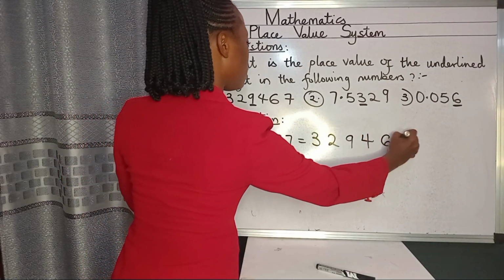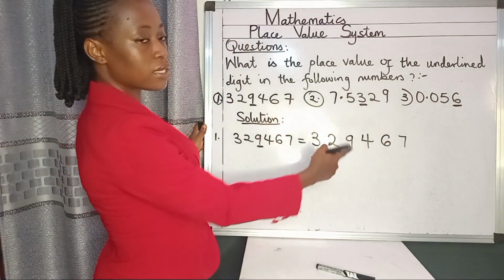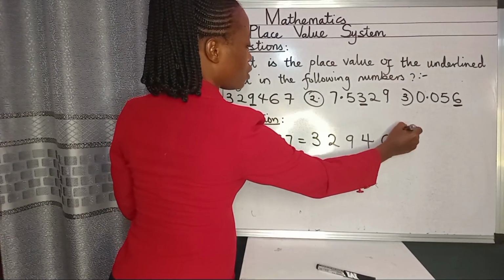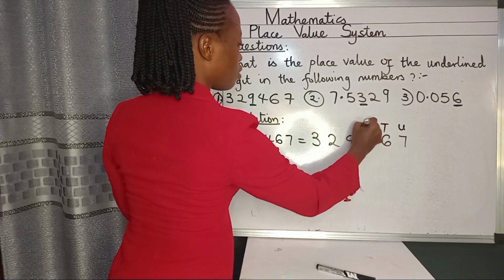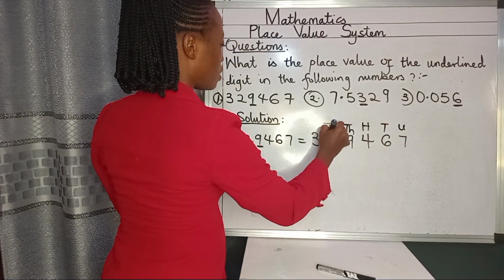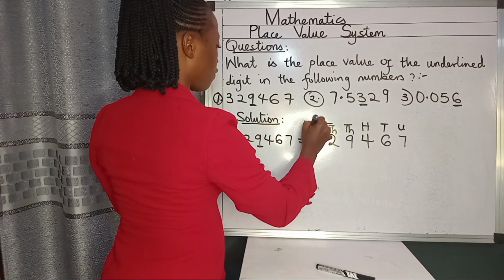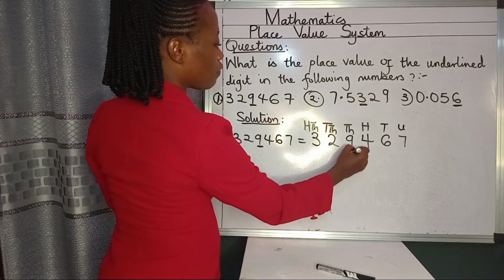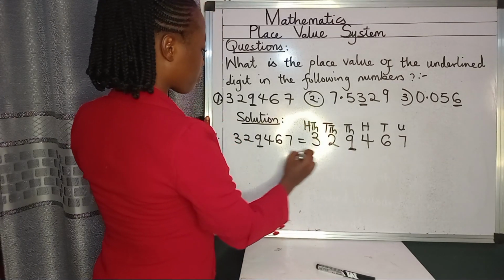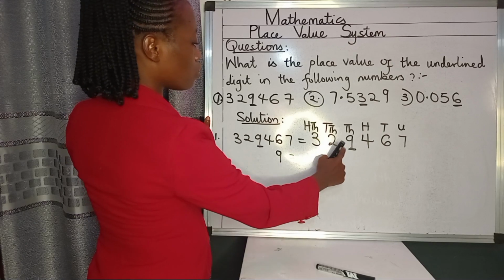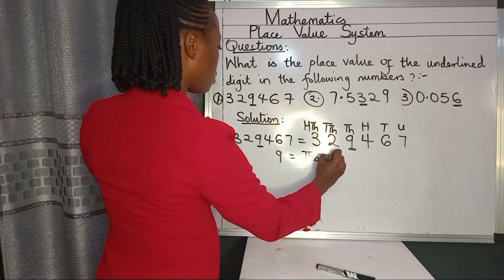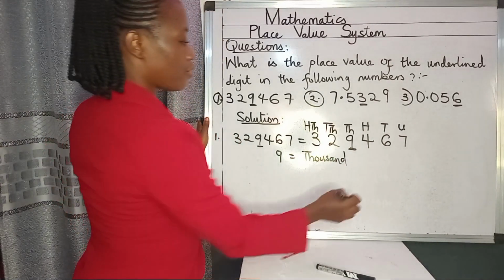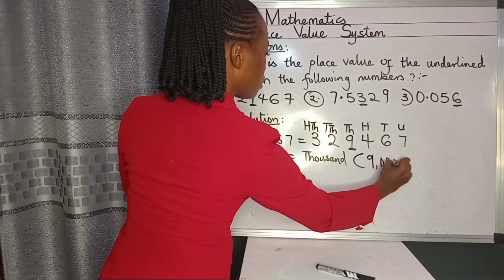Like I said, this is a whole number. The last digit takes units. This takes tens. This is 100, 1,000, tens of thousand, hundreds of thousand. So I'm looking for the place value of 9. Now the place value of 9 is equal to thousand. Or if you're writing it in figures, that will give you 9,000.